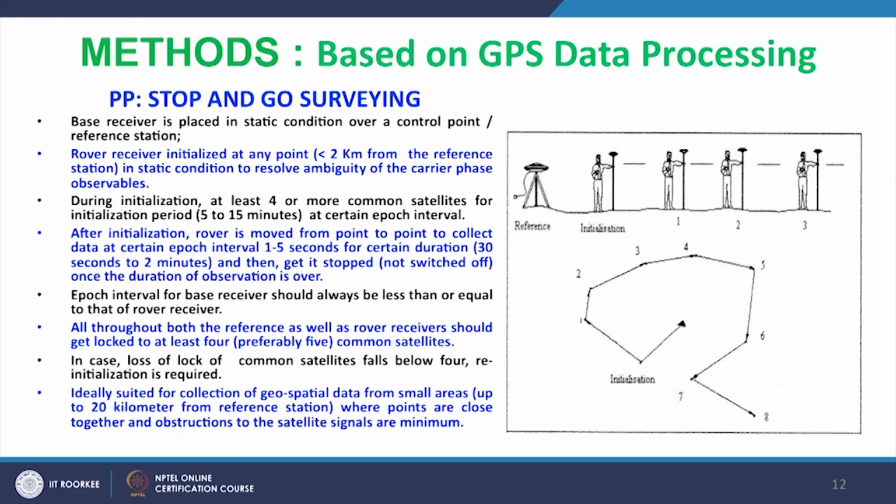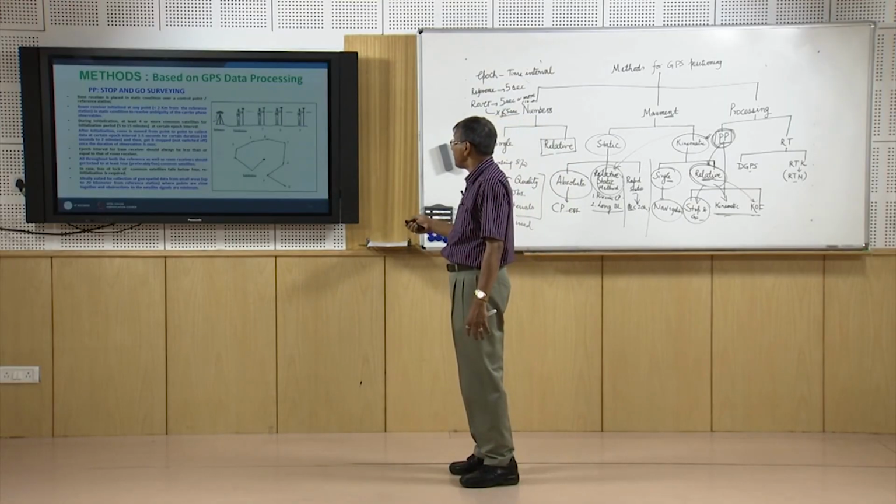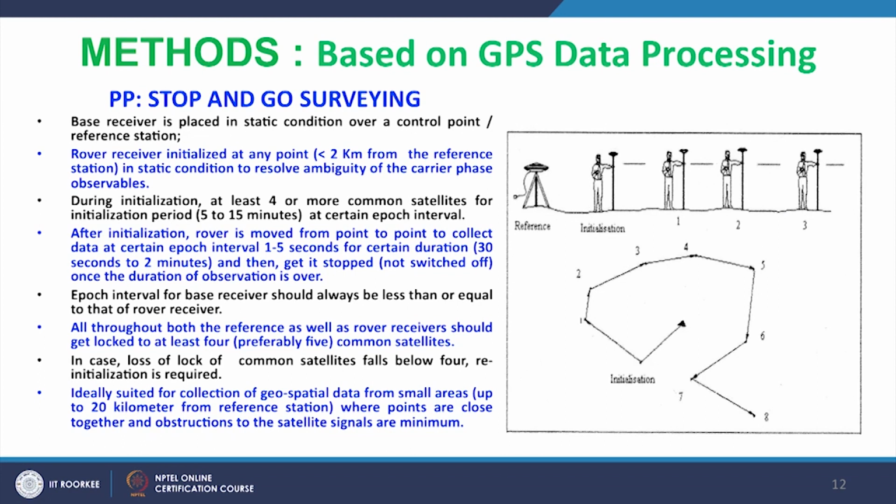The most important thing to note is that in this process we have to do the initialization. Second, during the whole of this surveying, at least 4 or preferably 5 or more satellites should be identical for both receivers. That means signals from 5 or more identical satellites should come to both reference and rover receivers, and the epoch of observation of the reference should be equal to or less than that of the rover receiver.